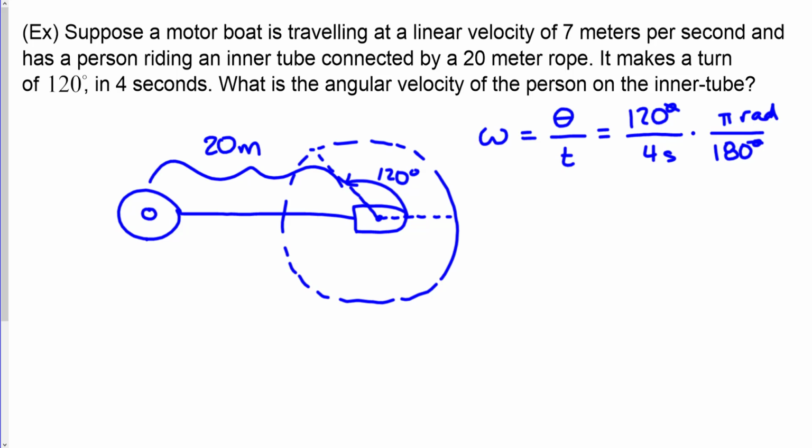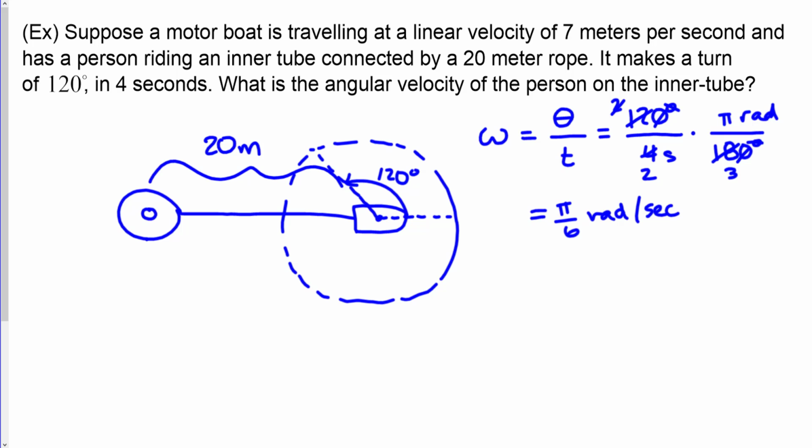Okay, so let's see what happens here. There's a 0 in each of these, so you can cancel the 10. 12 and 18 share a factor of 6. 6 goes into 12 2 times, into 18 3 times. 4 and 2 share a factor. So this is effectively pi over 6 radians per second.